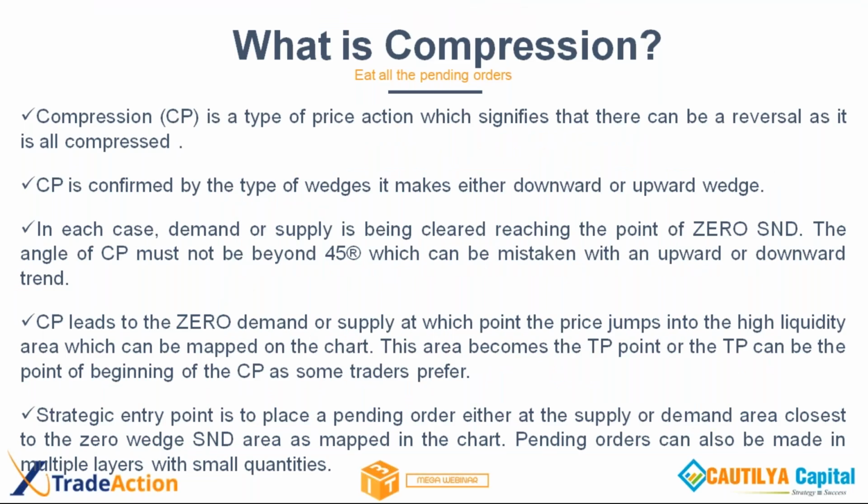Sorry about that, friends. Compression is confirmed by the type of wedges it makes, either downward or upward wedge. In each case, demand or supply is cleared, reaching the point of zero supply and demand. The angle of compression must not be beyond 45, which can be mistaken for an upward or downward trend. Don't worry too much about these statements. When we go into the anatomy, as usual, you will understand the whole phenomenon and life would be easy for us.